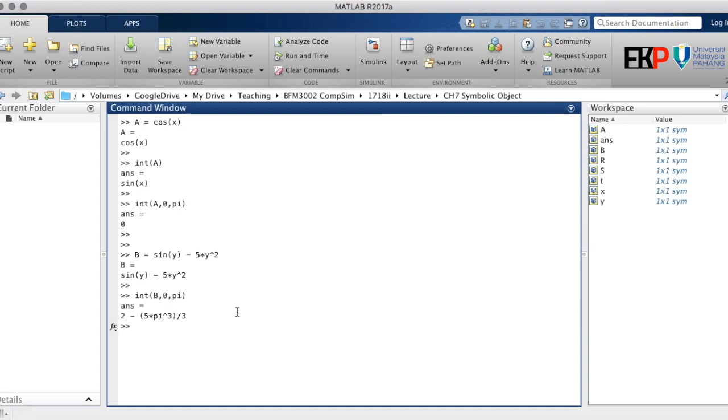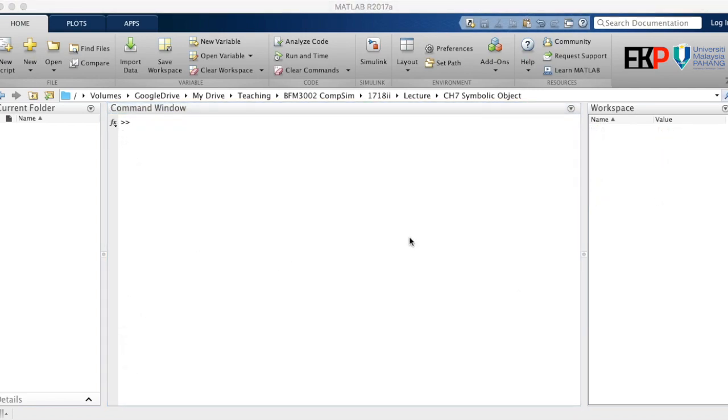When we press enter, we get the value of this definite integration that is equal to 2 minus 5 times pi to the power of 3 divided by 3. If we would like to get the approximated value of this, we can always use the double command, double of answer, then we get the approximated value of minus 49.6771.